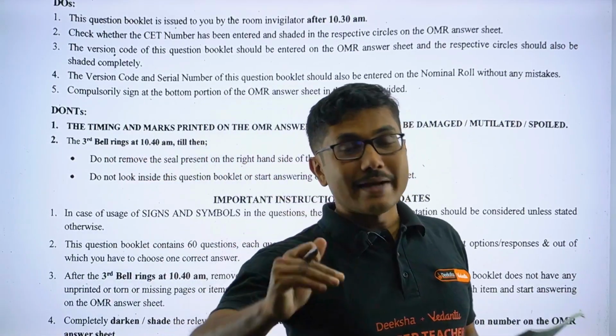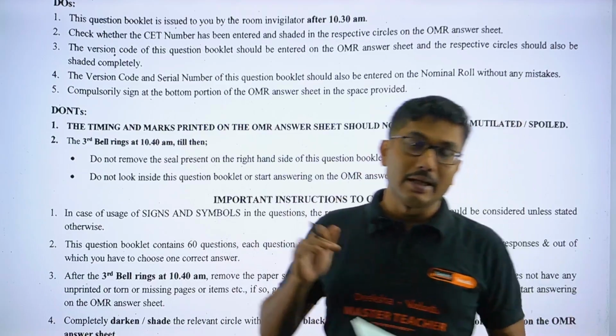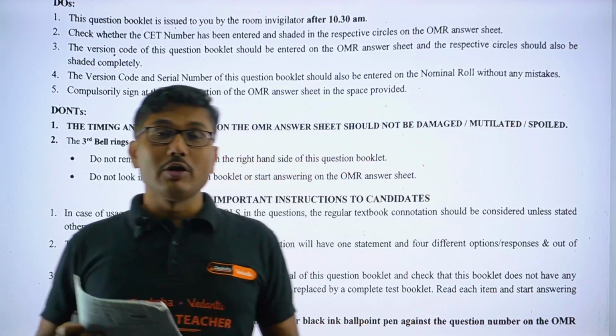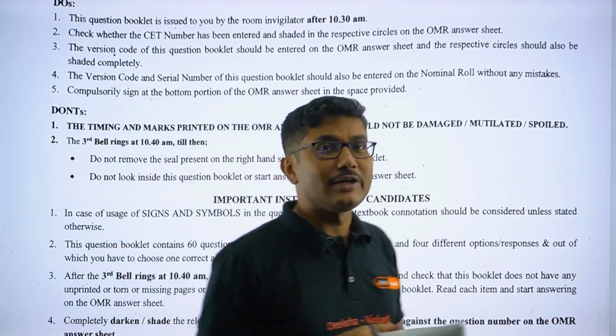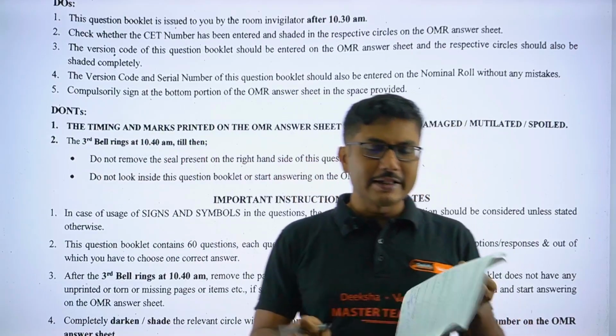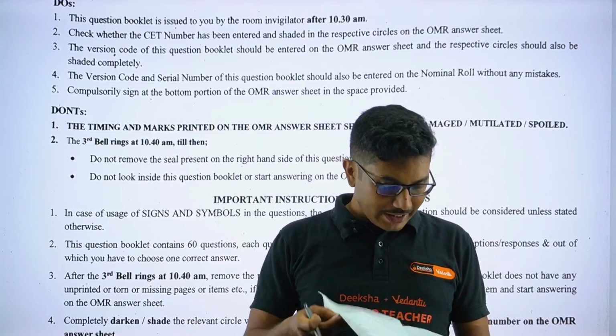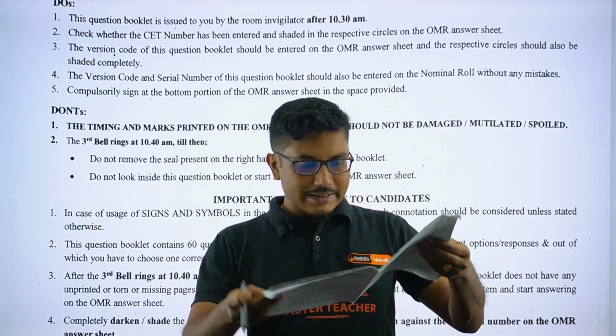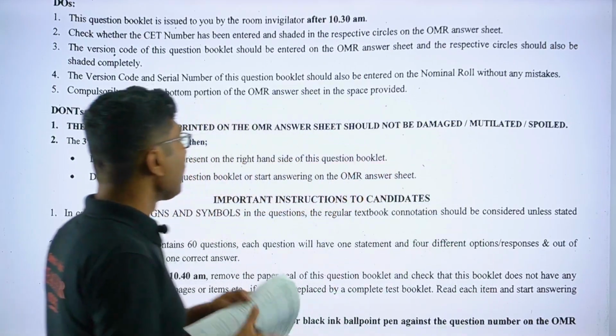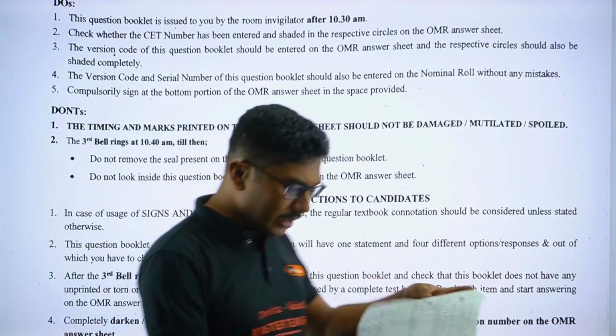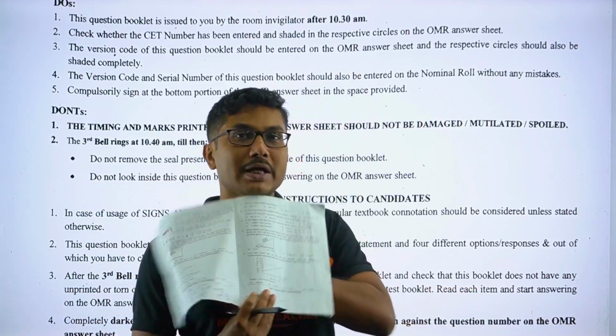Now at 10:40, as soon as the third bell is rung, you can open the seal, and the first thing you have to check is if there are any pages that are torn or missing. So very carefully check all the pages. The page numbers 1, 2, 3, 4 are given at the bottom of each page of the question paper.